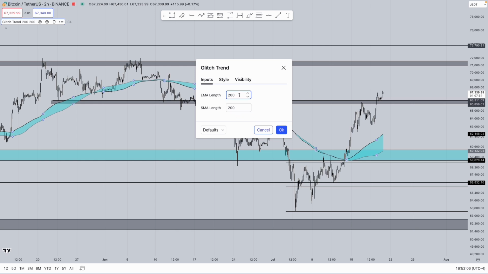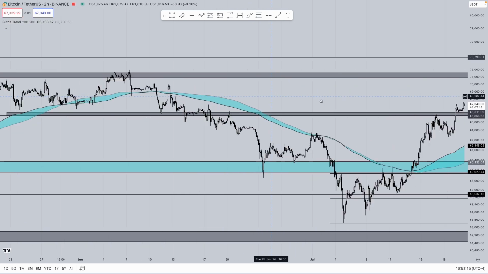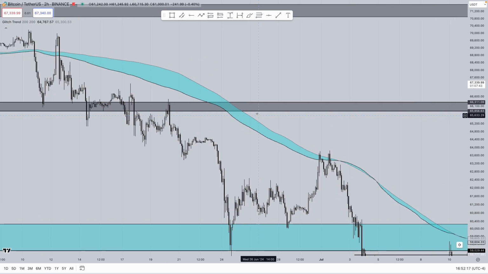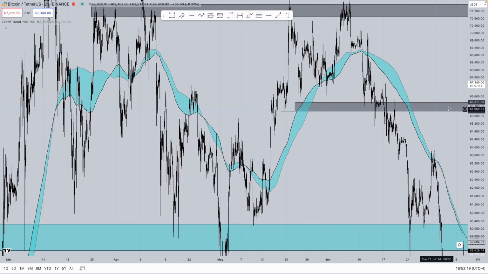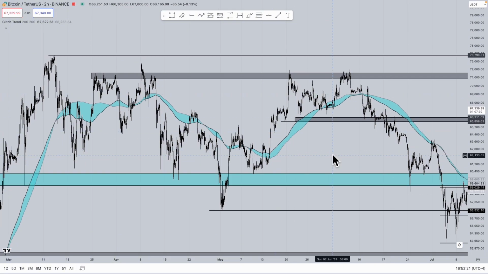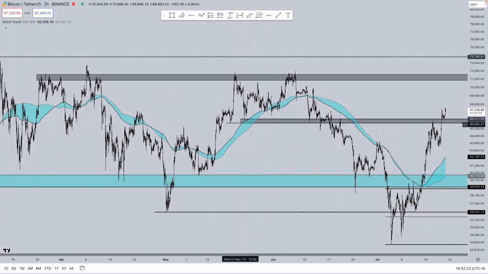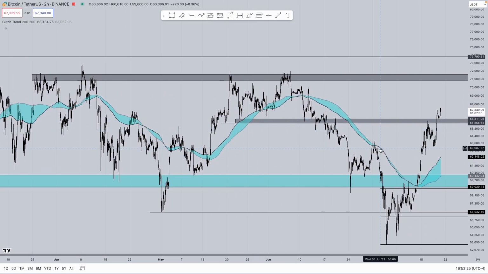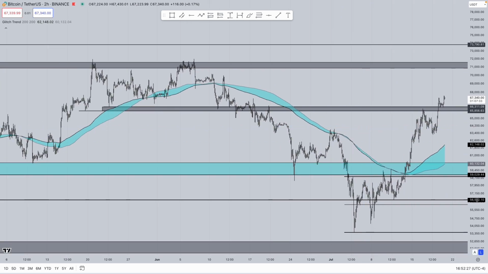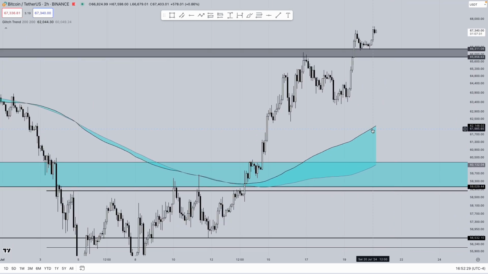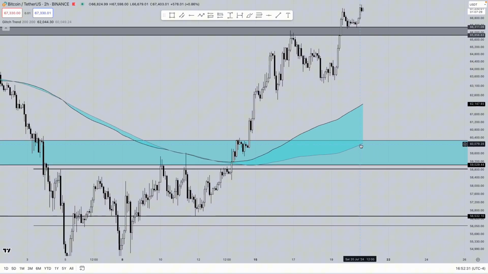But for this video, I'm simply using the 200 exponential moving average and the 200 simple moving average. So what it does is the area in between these two, it simply fills it in and gives you a nice clean look for your chart instead of just having the EMA and the SMA. It fills it in, makes it a lot easier to use in my opinion.